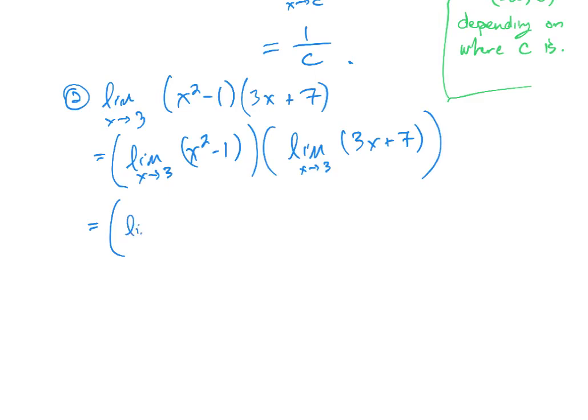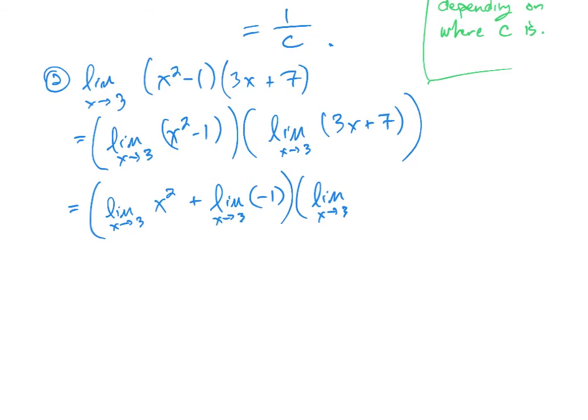This is the limit as x goes to 3 of x squared plus the limit as x goes to 3 of minus 1, times the limit as x goes to 3 of 3x plus the limit as x goes to 3 of 7.